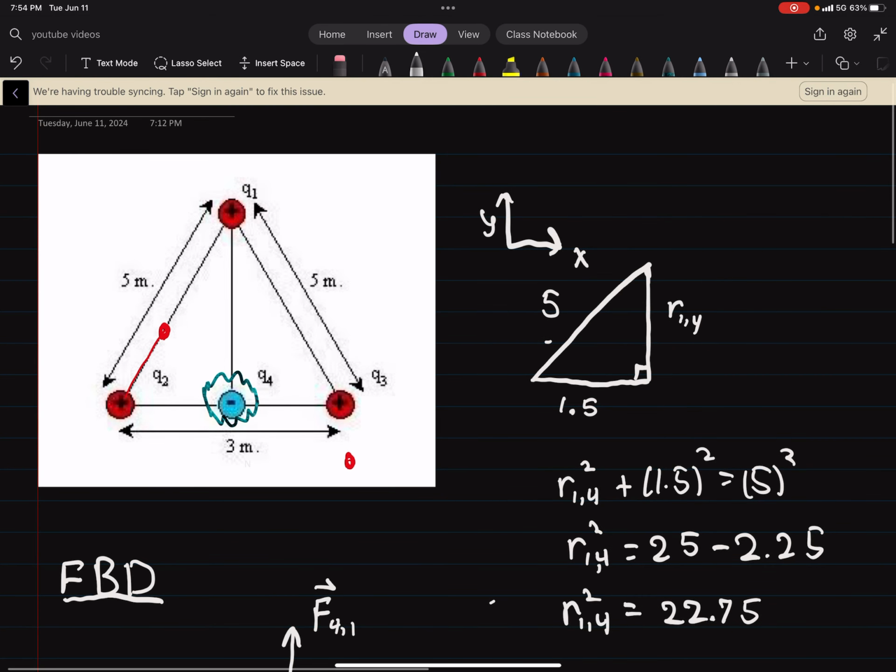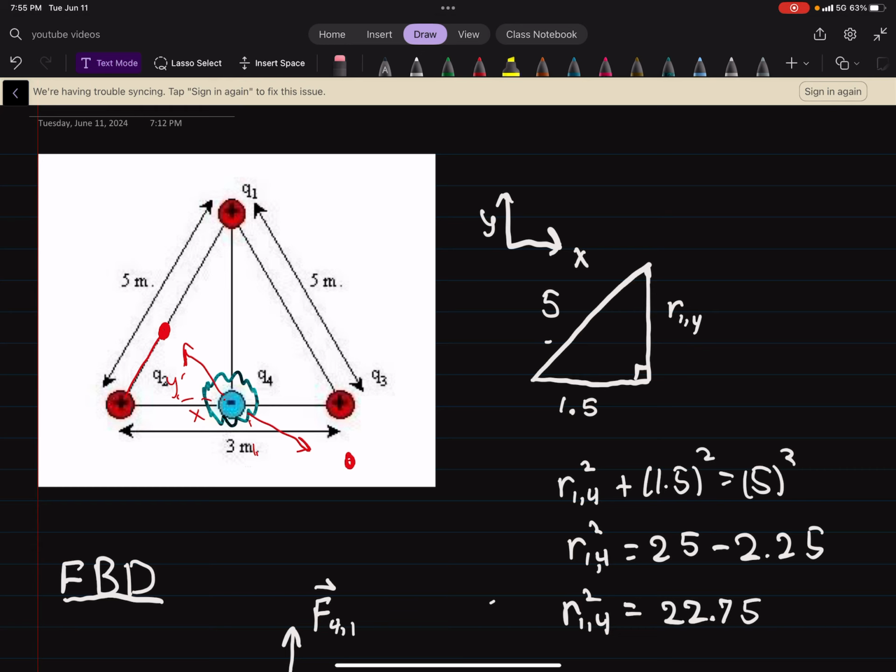Like I said, if this were moved up here, well, now your force has an X and a Y component. I did not want to do that. I wanted this. Okay, well, either way, that one would also have an X and a Y component.